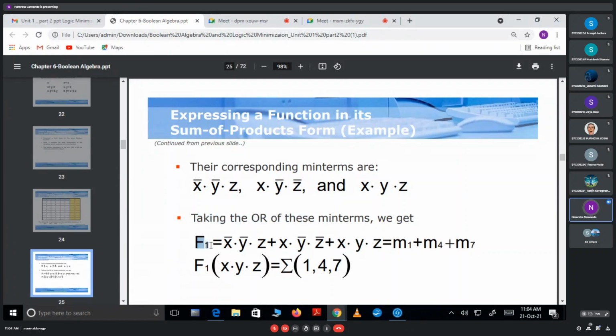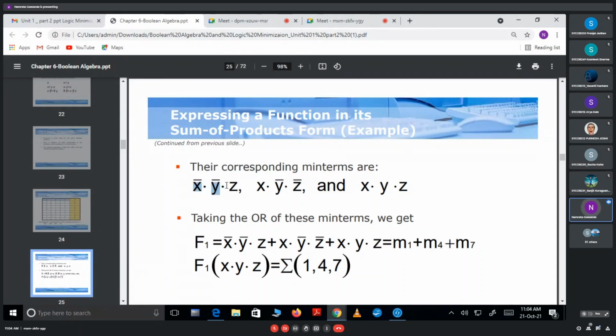So what you can see here, f1 equal to, we can give any name. As here it is a function, we have taken f1 equal to x bar dot y bar dot z plus x dot y bar dot z bar plus x dot y dot z. Why is the summation taken? Because in the SOP you always first take the group of product terms.